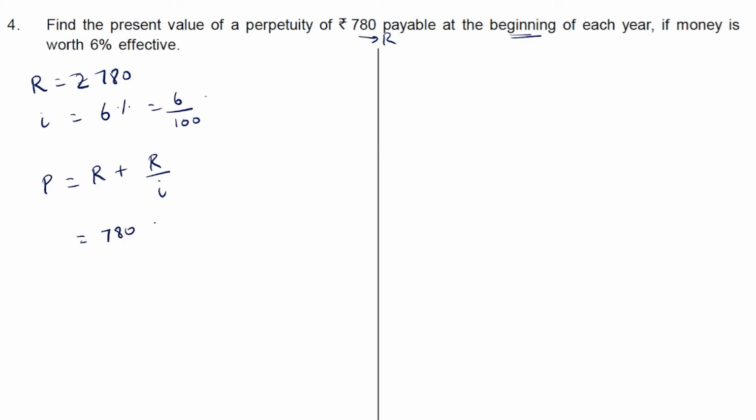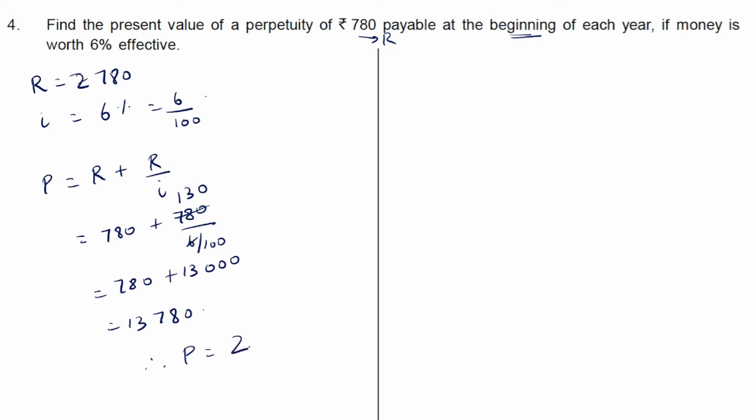So 780 plus 780 upon 6 by 100. So it is 780 plus 13,000, or it is 13,780. Therefore, P is equal to rupees 13,780. So the present value of perpetuity of rupees 780 payable at the beginning of each year is 13,780.